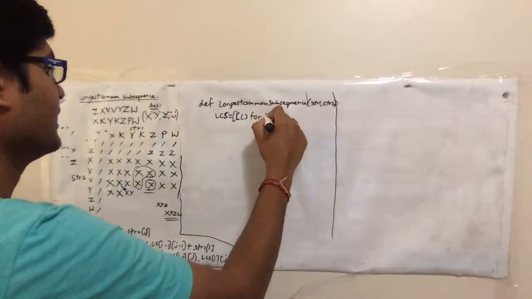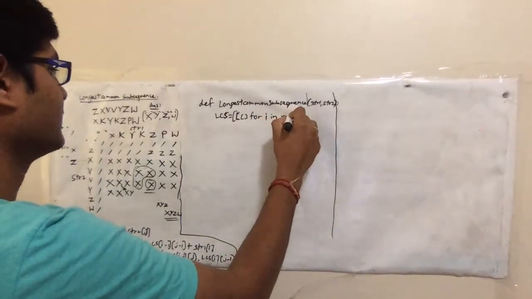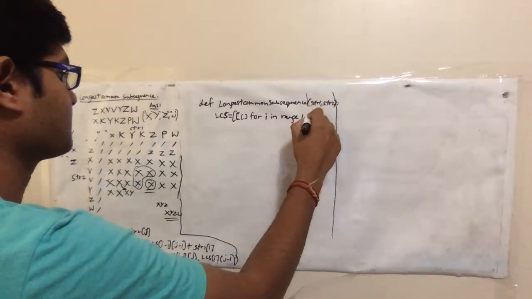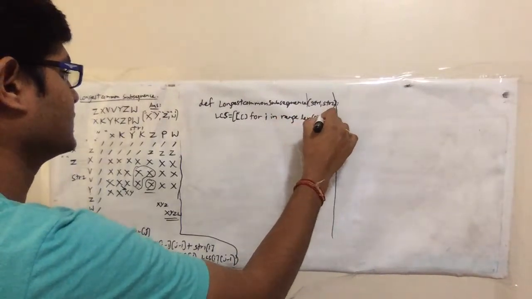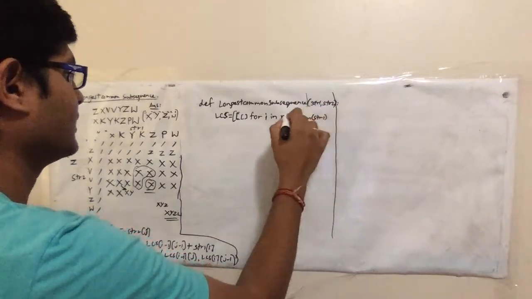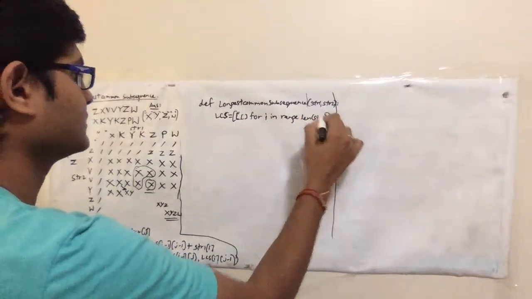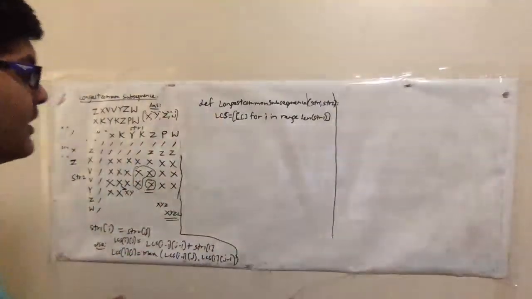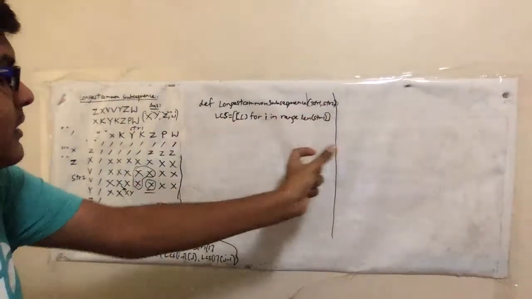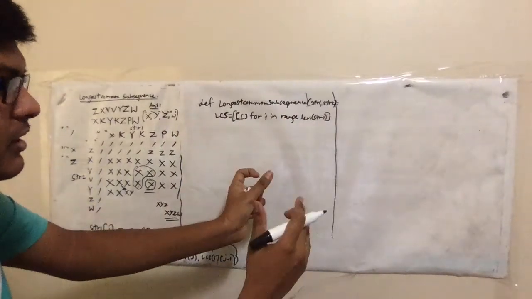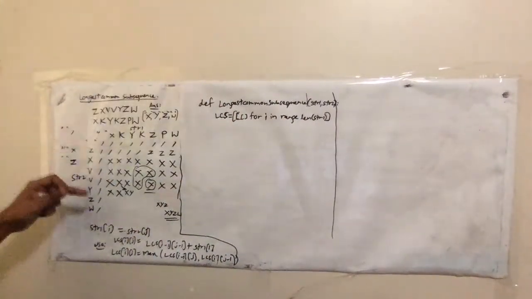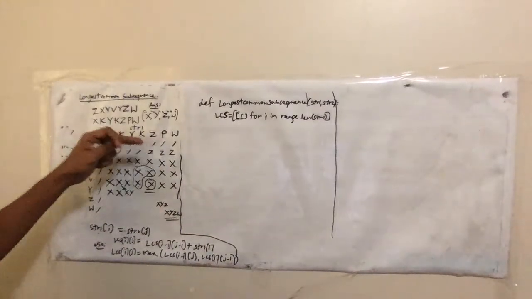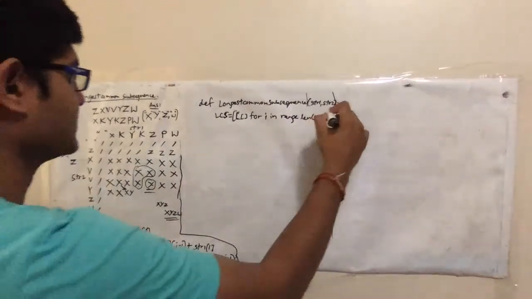So for I in range, length of string 1, and this is one part. So we are putting these empty lists length of string 1 times, and you need to iterate, and put that whole list for length of the times.